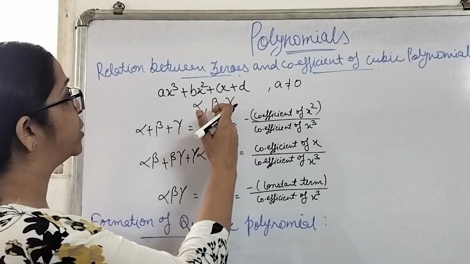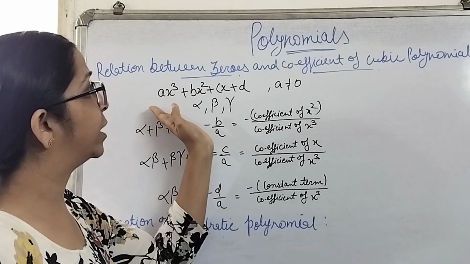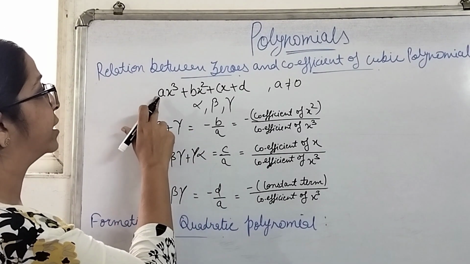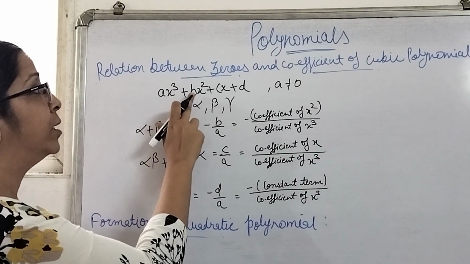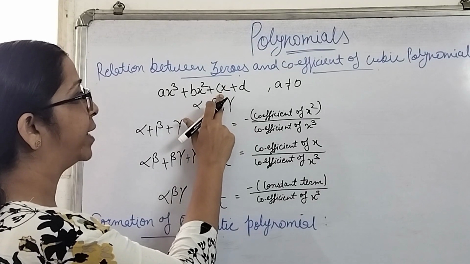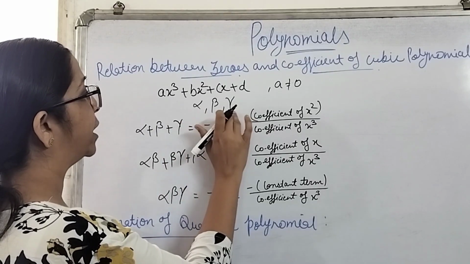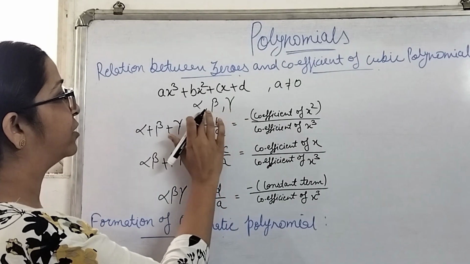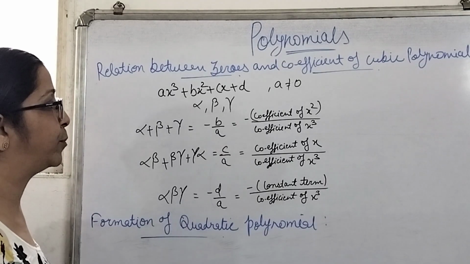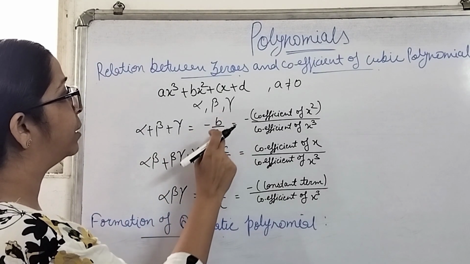Now what is the relation between these zeros and the coefficients of the variables of the polynomial? Here we can see that a is the coefficient of x cube, b is the coefficient of x square, c is the coefficient of x and d is the constant term. So if alpha, beta and gamma are the three zeros of a cubic polynomial, then the sum of these three zeros will be minus b by a.